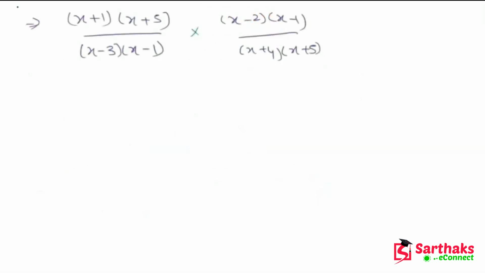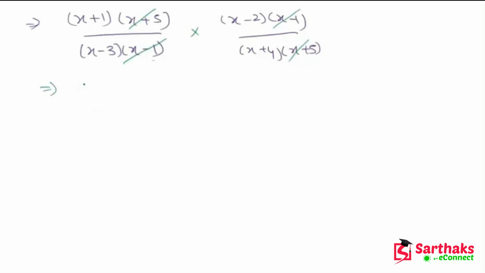Okay, my dear friends, now if you observe that, this x plus 5 can be cancelled by this x plus 5, and this x minus 1 can be cancelled by this x minus 1.